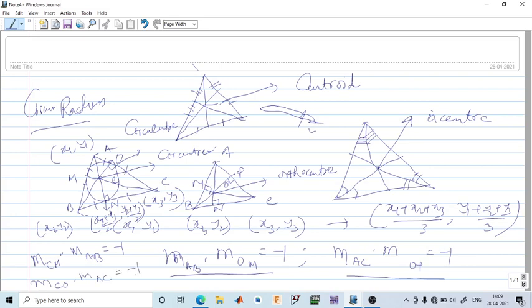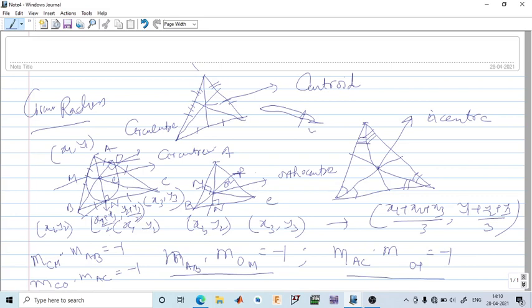The only difference between orthocenter and circumcenter is that in the case of orthocenter we can't get the coordinates of M, N and P, but in the case of circumcenter we easily get the coordinates of M, N and O, because these are the perpendicular bisectors.